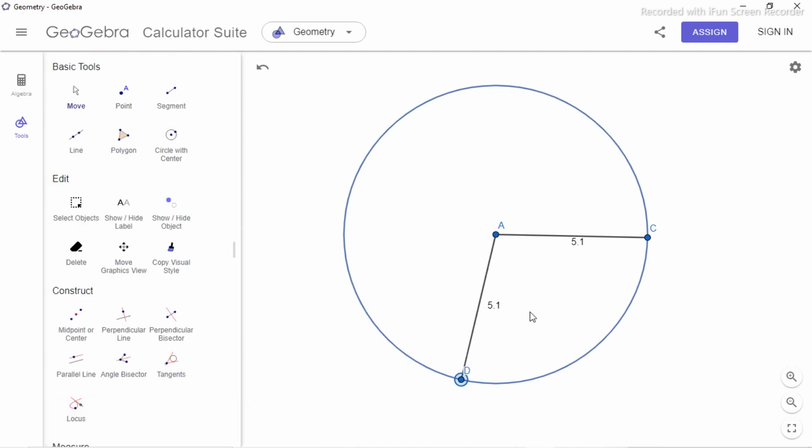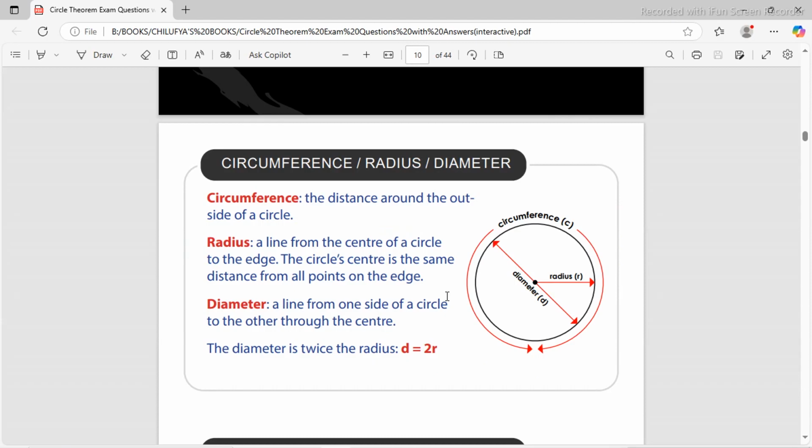Now, what will happen if we have a line that goes from this point of the circumference through the center to the other side of the circumference? What do we call that? We call that, my friend, the diameter. As you can see, the diameter is a line from one side of the circle to another through the center.